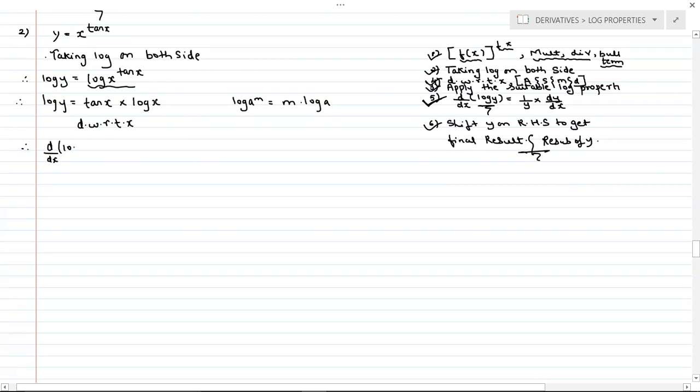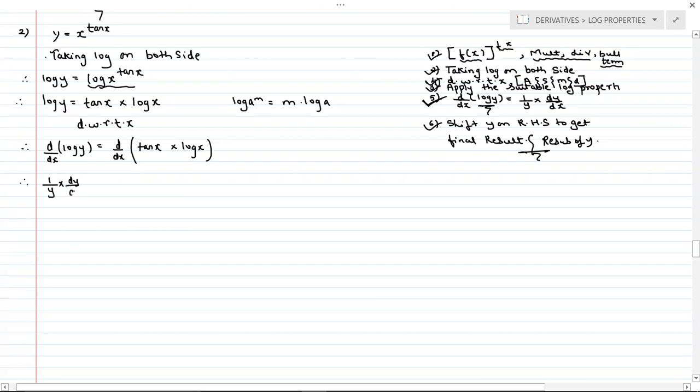Log y equals tan x into log x, so the derivative of tan x into log x. Then after this, as I told, remember the direct derivative of log y is 1 upon y into dy by dx.